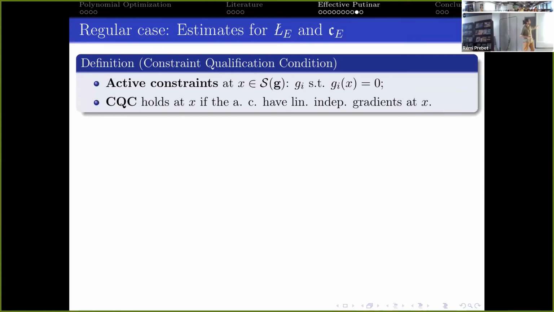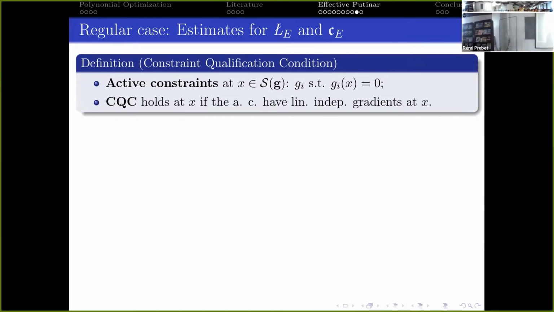So first, we need to define active constraints at a point x of the semi-algebraic set S, and these are the g_i such that g_i of x is equal to 0. And we say we are in a regular situation when the constraint qualification condition holds. And this means that the active constraints at all the points of the semi-algebraic set S have linearly independent gradients.